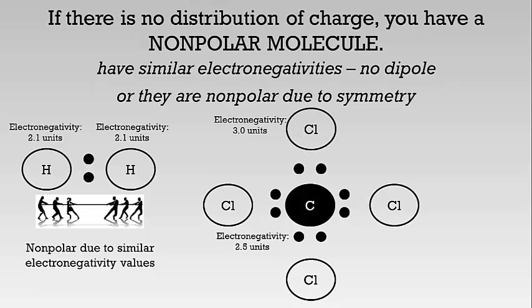So this is like an unfair tug of war where we would see uneven teams. Chlorine is like the stacked side of the tug of war. It's going to pull stronger on those electrons than the carbon would.